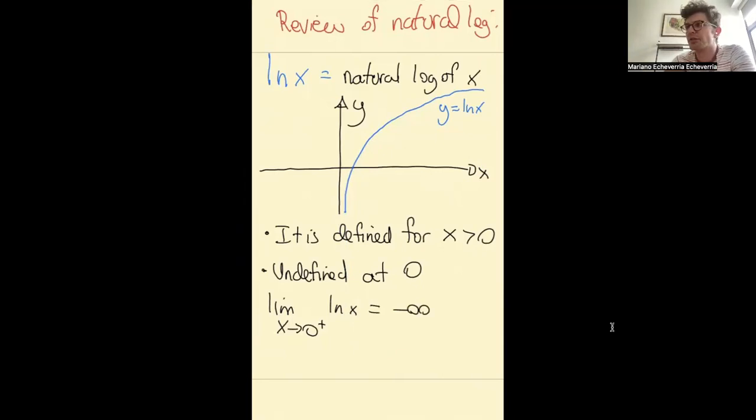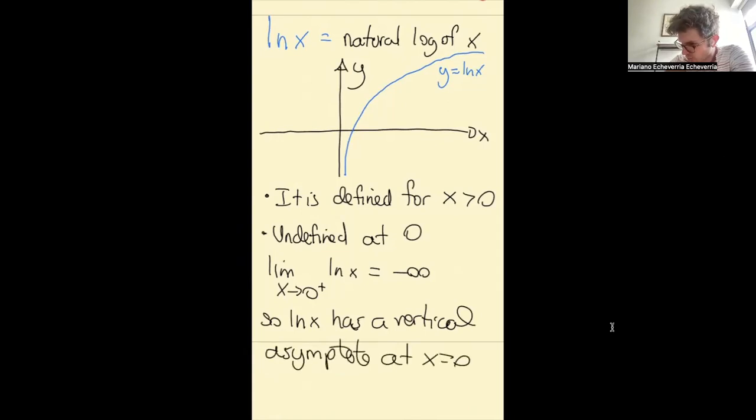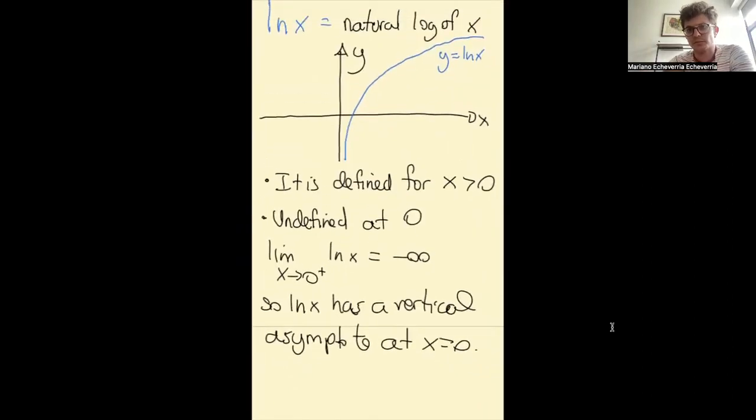So you can say that natural log has a vertical asymptote at x equals 0. Is that making sense?